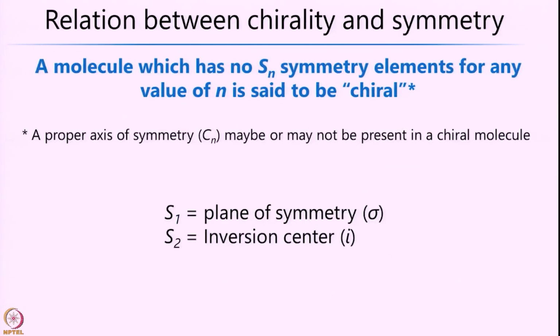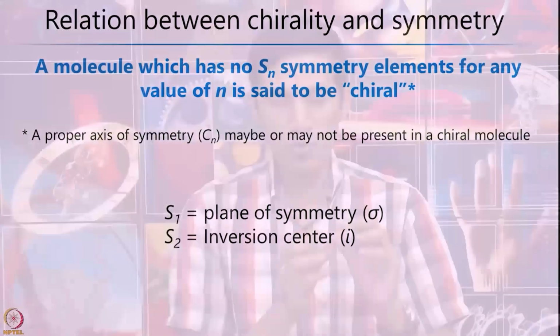You must be wondering what this has got to do with chirality, or why he is trying to tell us about symmetry rather than about chirality. The reason why I am talking about chirality and symmetry is that a molecule is said to be chiral not only when it has 4 different substituents, but in a more rigorous sense, a molecule is said to be chiral if it has no Sn, or improper axis, or improper elements of symmetry.